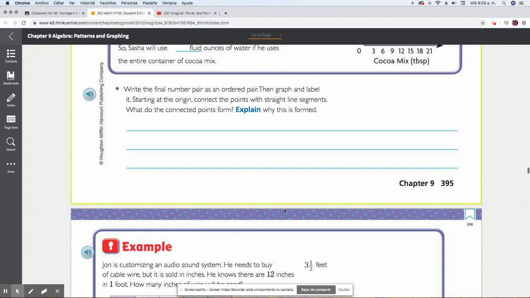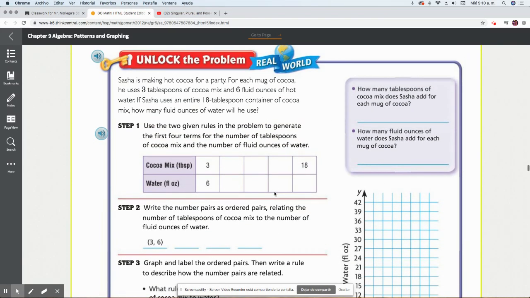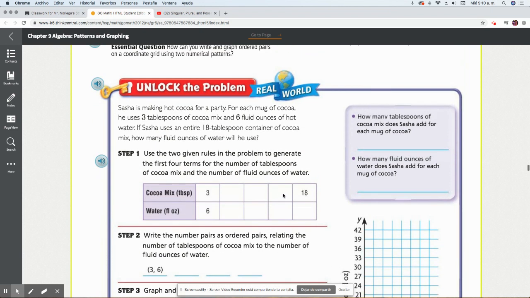Okay, we are still going to be using the same process that we've been using since the previous couple of lessons in this book, which is to find a pattern. First we need to create a table, and then we need to find the relationship between the numbers. That means, what can I do to the top number to get the bottom number, and so on.